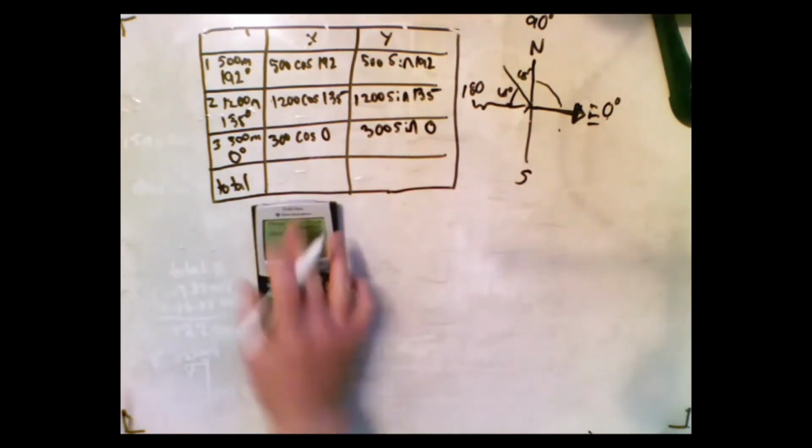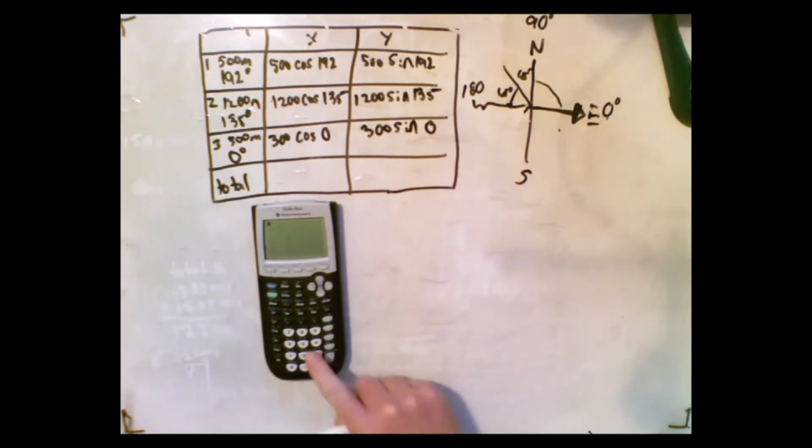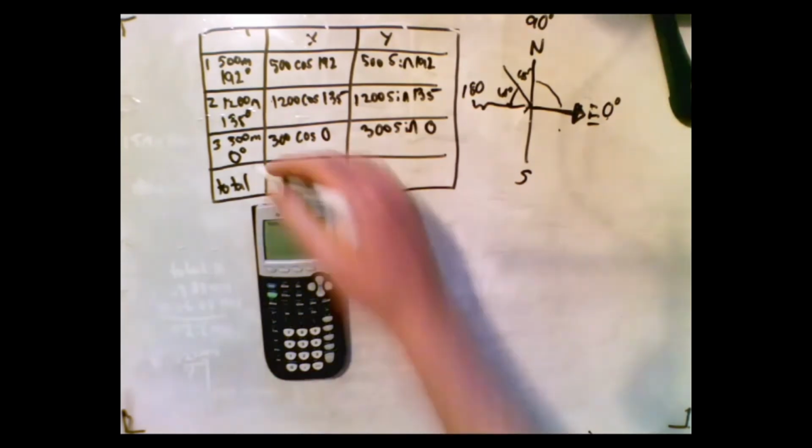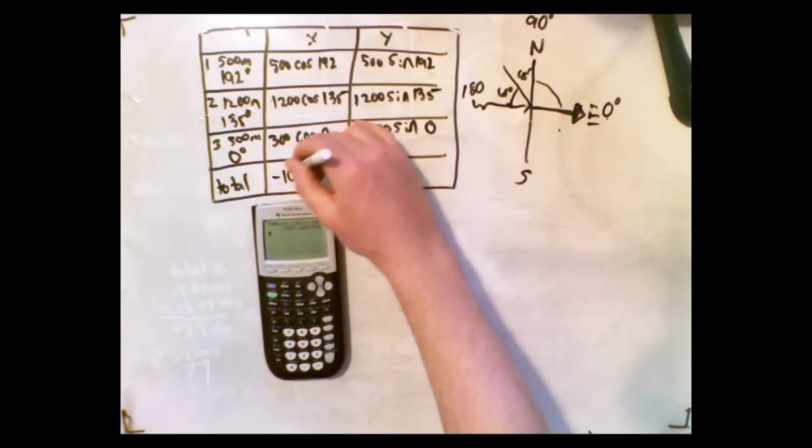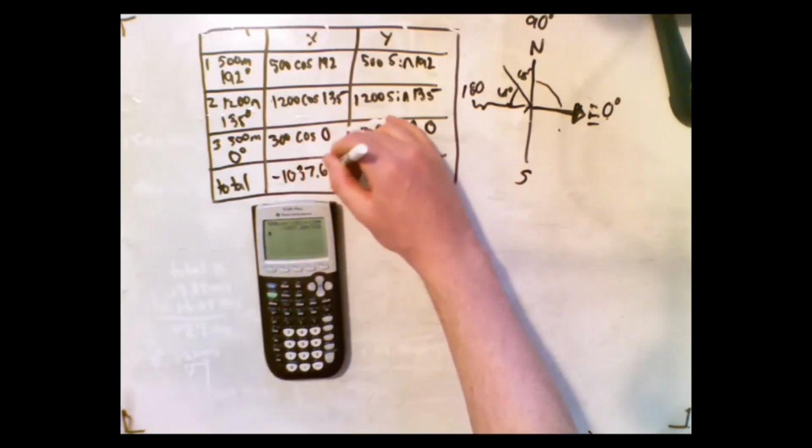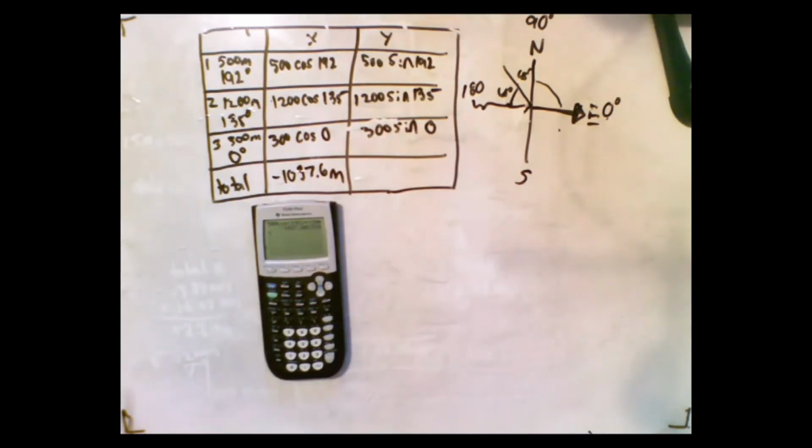I'm going to take those numbers and add them up. 500 cos 192, close my bracket, add it to 1,200 cos 135, close my bracket, add it to 300 cos of 0, and we should get negative 1037.6, and these are all distances, so that's going to be meters.